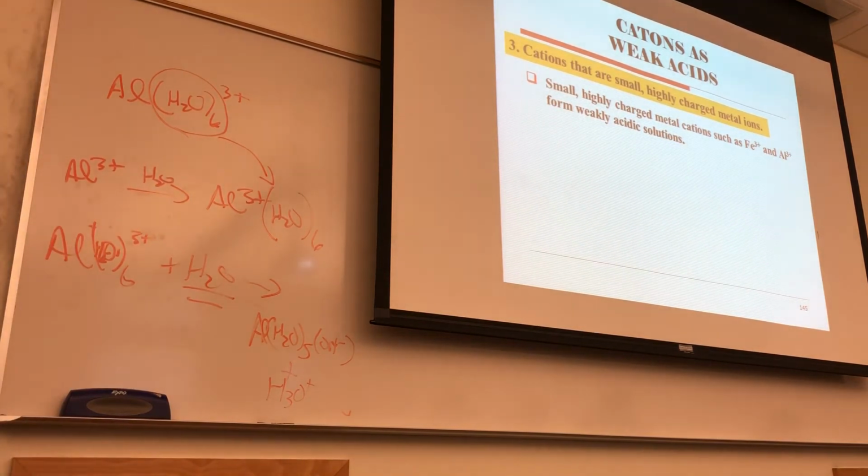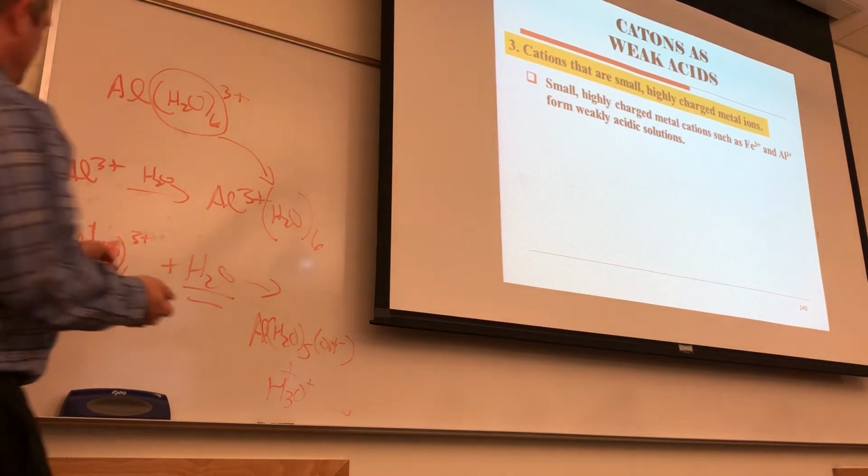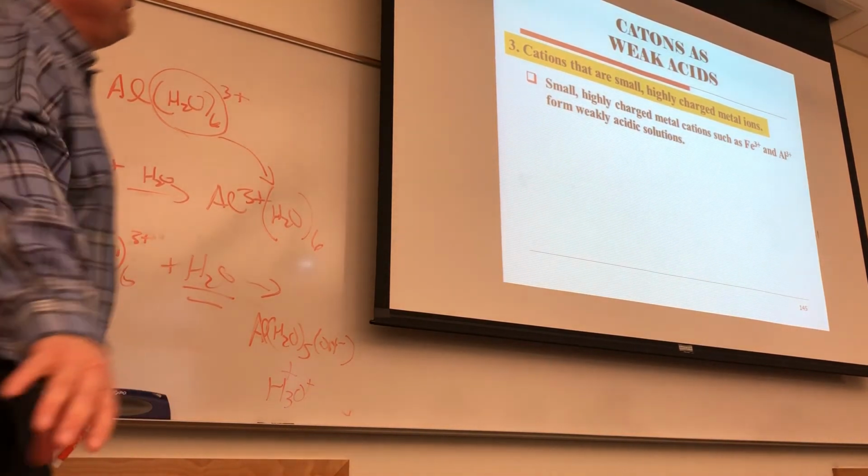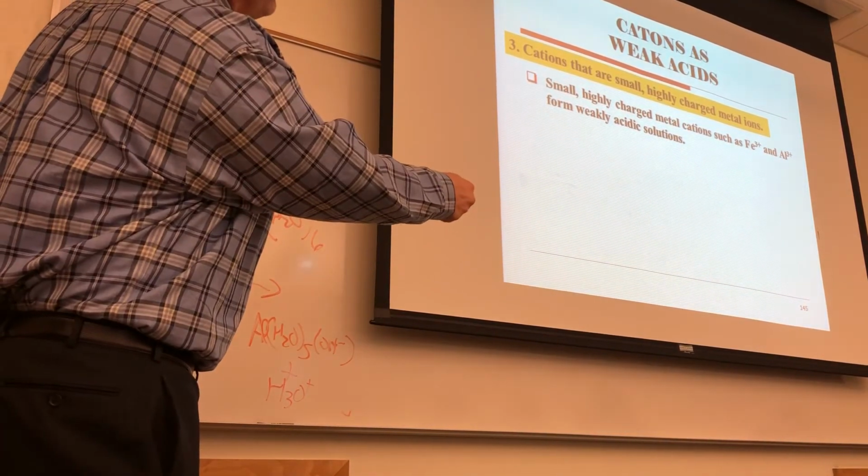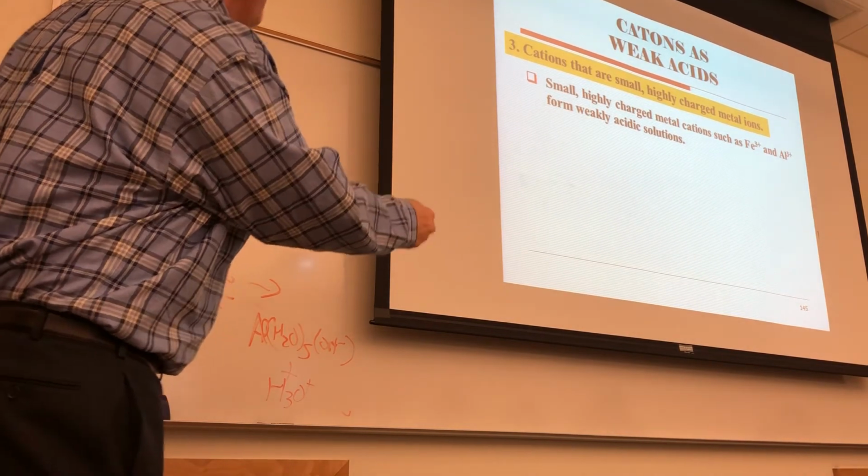This is a cation. What is the cation going to do? A cation is going to form potentially an acidic or pH neutral solution, right? And an OH- anion is going to form a basic or pH neutral solution. This is a small metal cation, and that's what essentially this is.